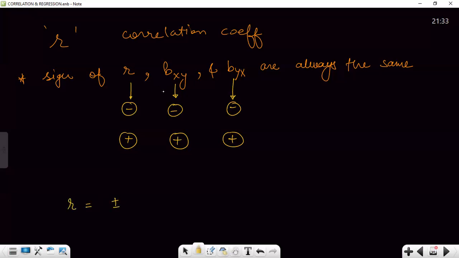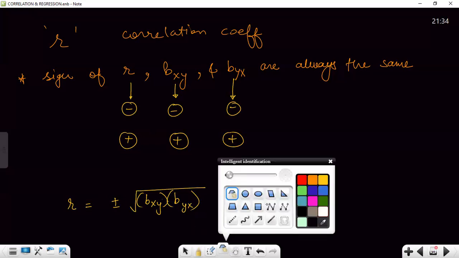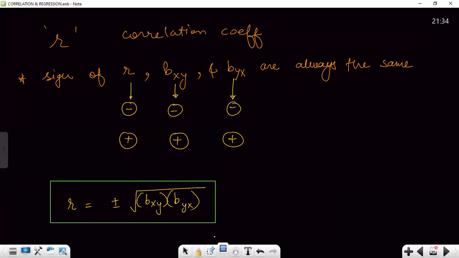I'm talking about the relation between these three. This is very important: r is the plus or minus square root of bxy multiplied with byx. Here is the freedom for you to take the sign of r as plus or minus, but that will depend on the signs of bxy or byx.